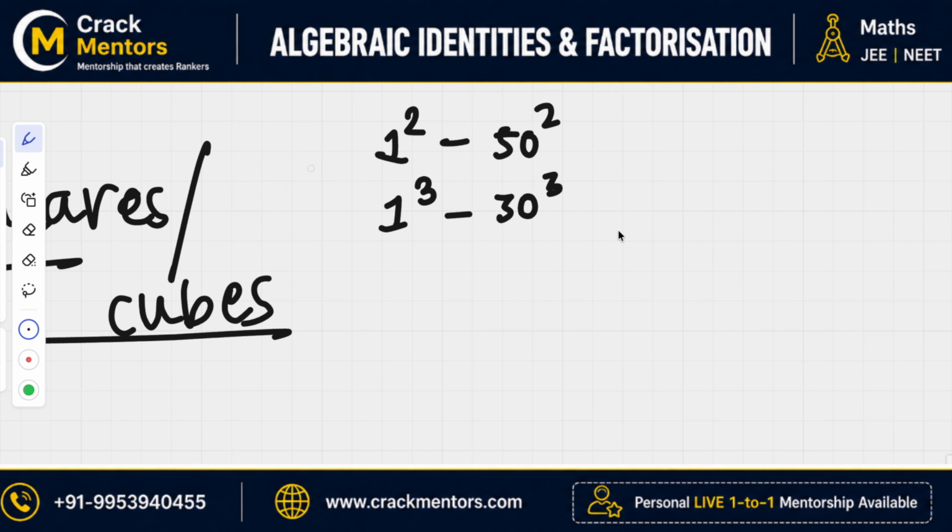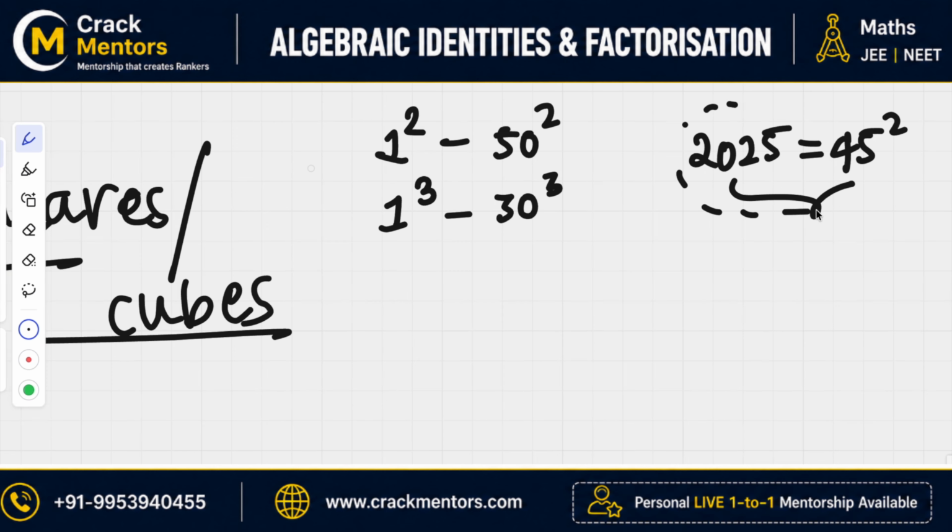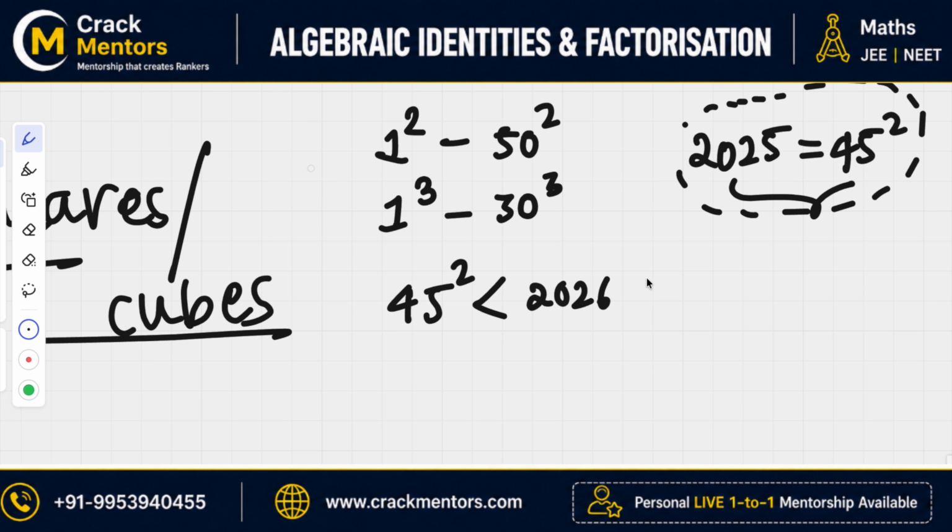Last year was 2025. A very amazing thing about 2025 is that it is the square of 45. So they used this fact in a few questions in JEE Mains, and even IIT can use this in their JEE Advanced paper. So if somebody asks you, you can say that 2026 is obviously greater than 45 square, and it will obviously be less than 46 square. So just as a fact, remember this. That is why I'm saying that up till 50, you should know.